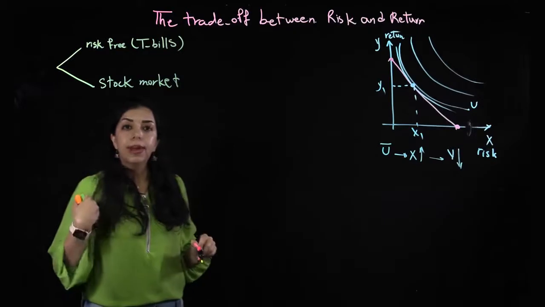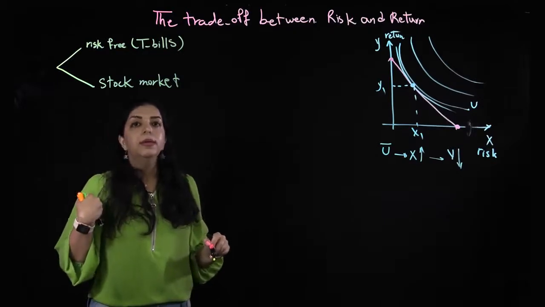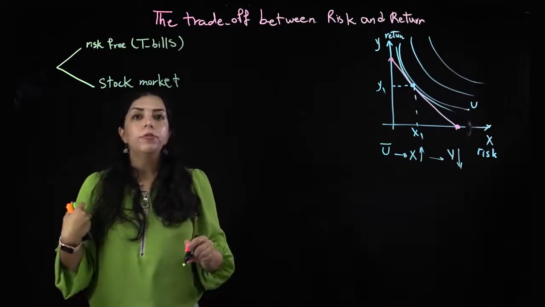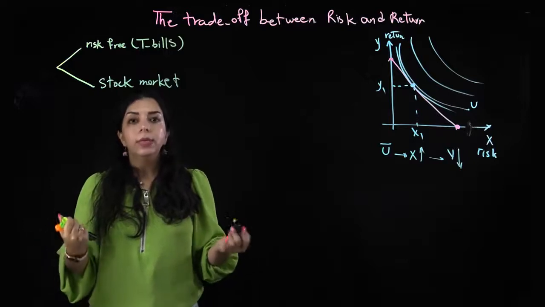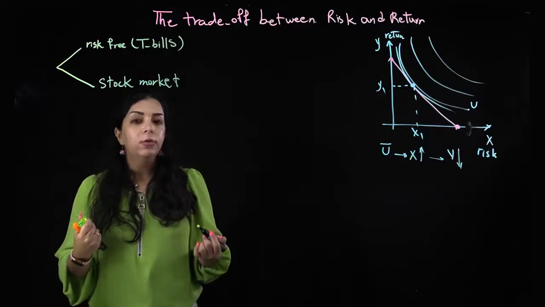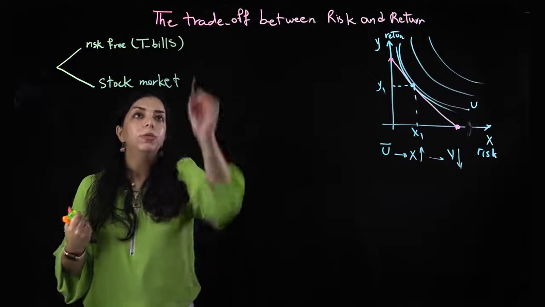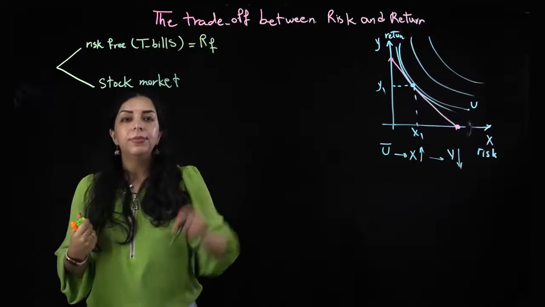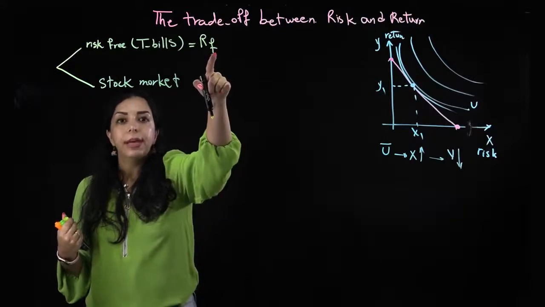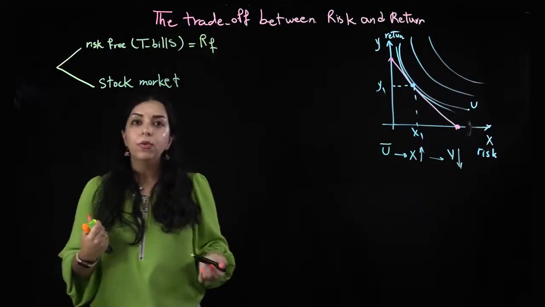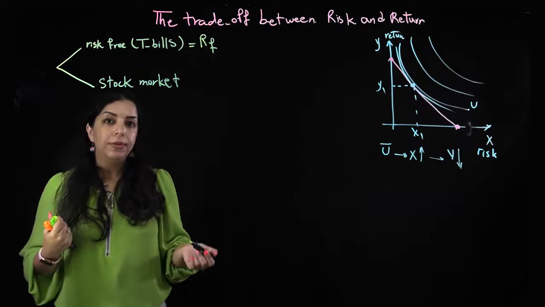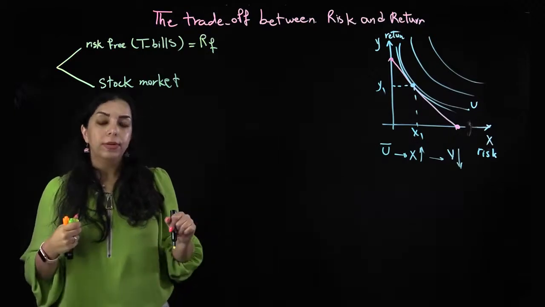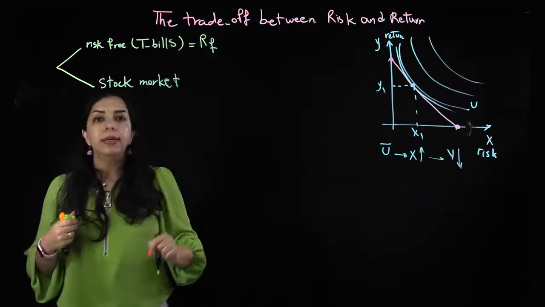For the risk-free asset, or treasury bills, since the amount of risk is zero, the expected value will be equal to the real value. So if we show it with RF, it means the return on the risk-free asset, and it is exactly equal to the actual value of the return. Expected value and actual value are the same. How about the stock market?